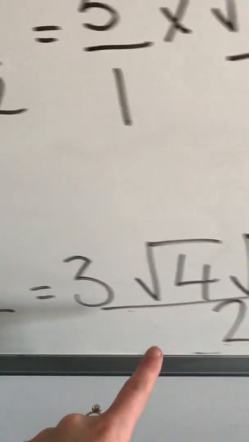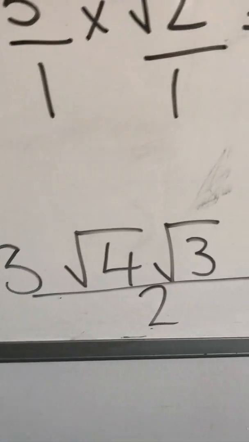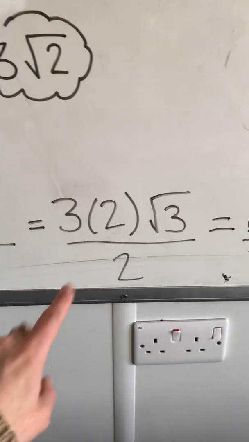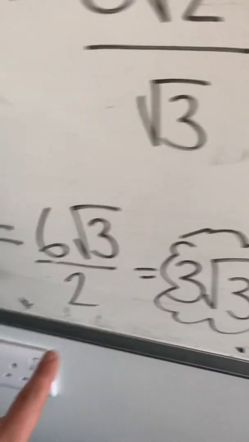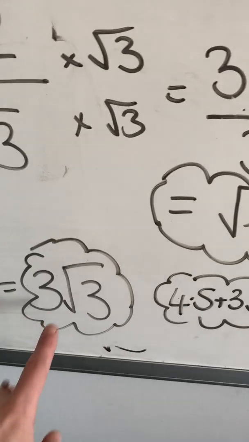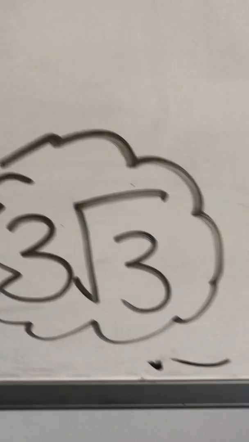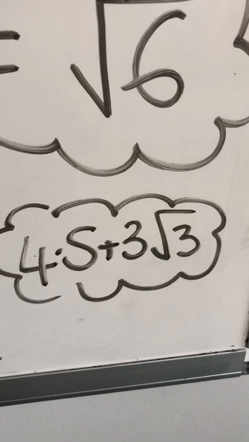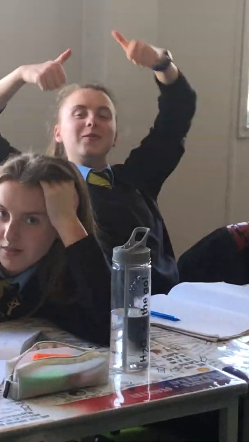That has a square factor, which is 4. 3 root 4 times root 3 divided by 2. Square root of 4 is 2. 3 times 2 is 6. 6 root 3 divided by 2. 6 divided by 2 is 3. 3 root 3. So the area of triangle 1 plus the area of triangle 2 is 4.5 plus 3 root 3.